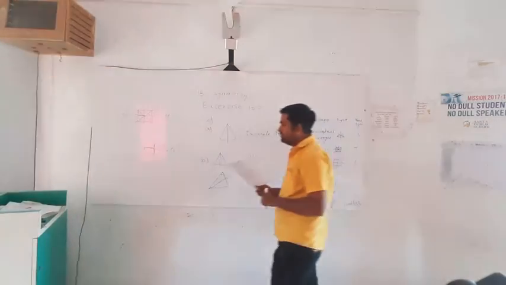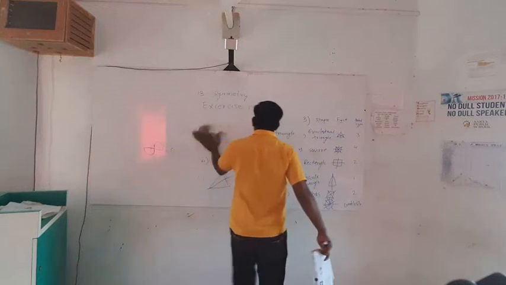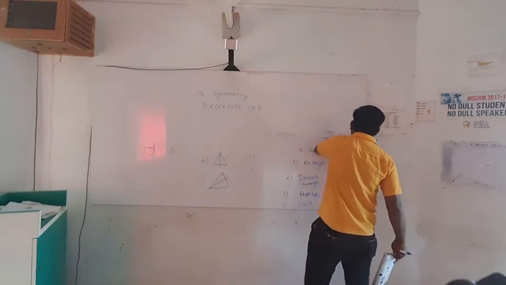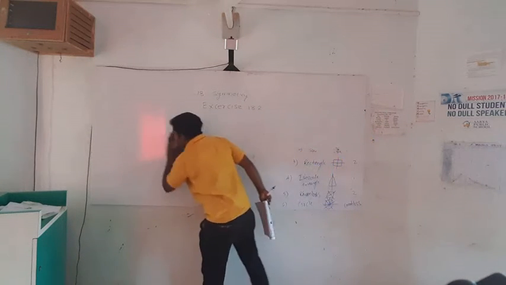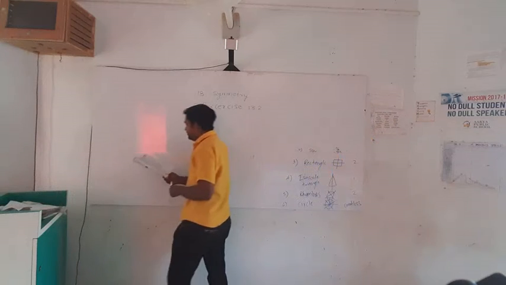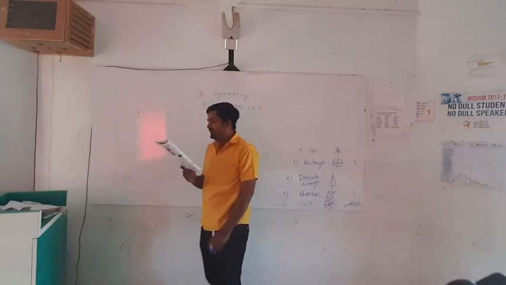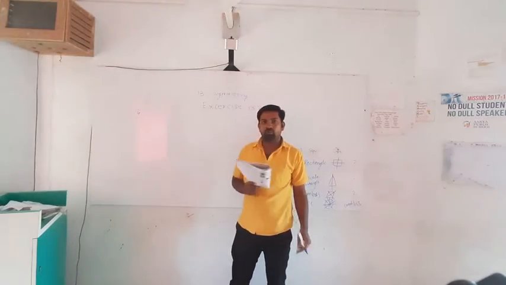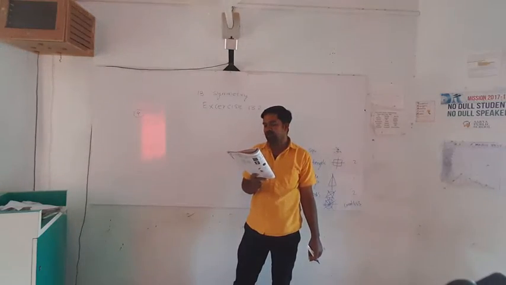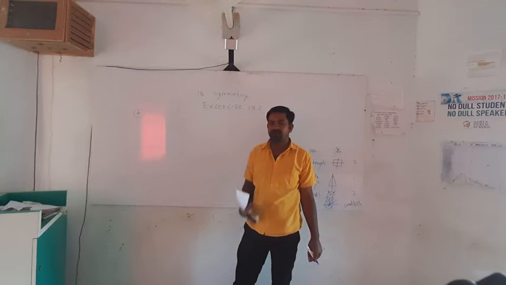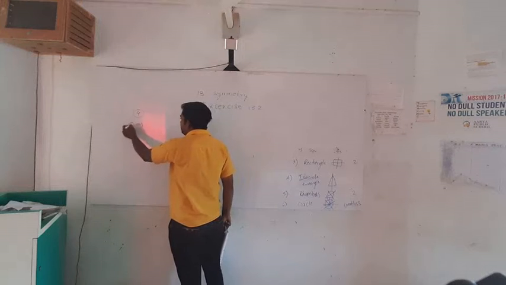Now see question number 4. Can you draw the triangle? We want you to draw triangles with exactly one line of symmetry. Means we want here to draw, for the first one, only one line of symmetry.